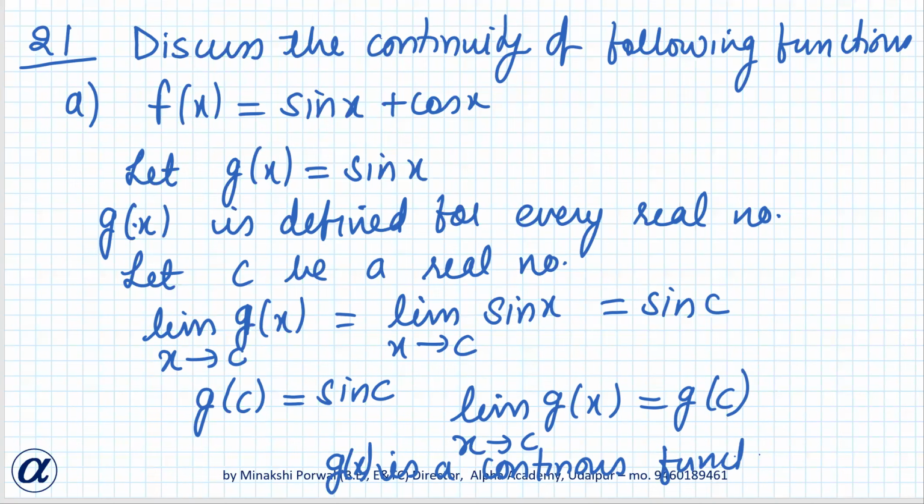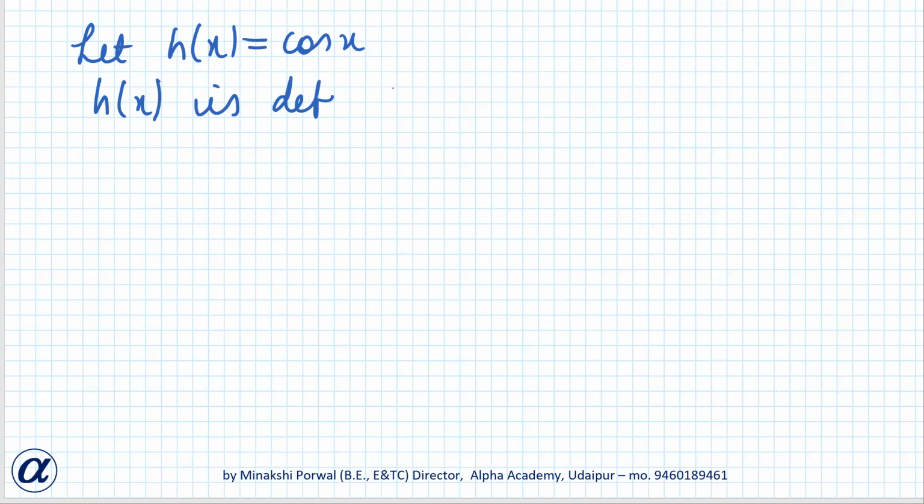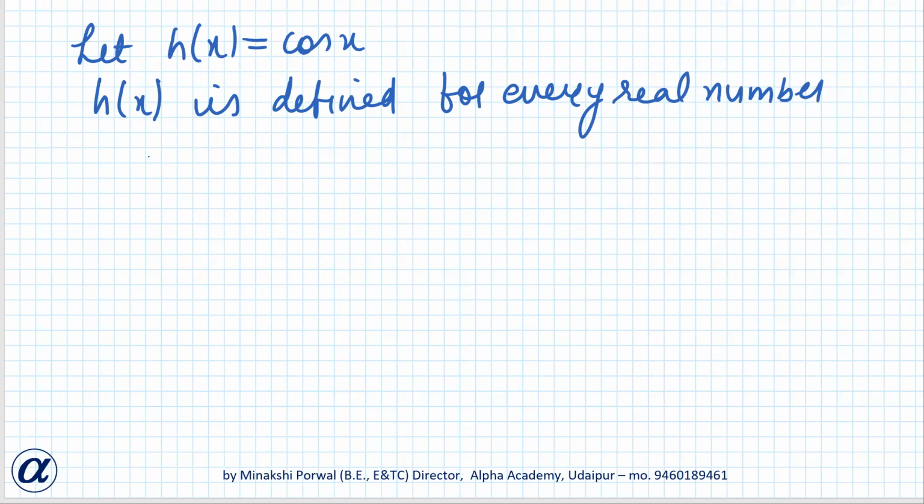Similarly, we will prove for h(x) also. Let h(x) = cos x. h(x) is defined for every real number. Let c be a real number.